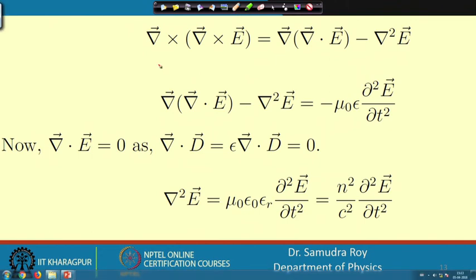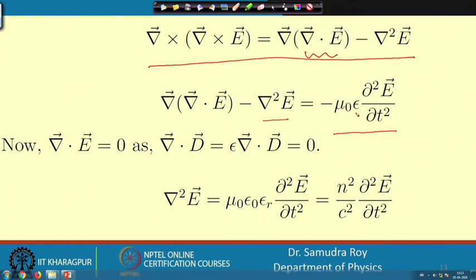So, curl cross curl cross E, in the next step, I just remove this with this identity. This is a well known identity, which we are using again. So, this curl cross curl cross E is grad of the divergence of E and minus del square E. On the right hand side it was mu 0 epsilon, exactly the same treatment that we used in the previous calculation in the free medium.